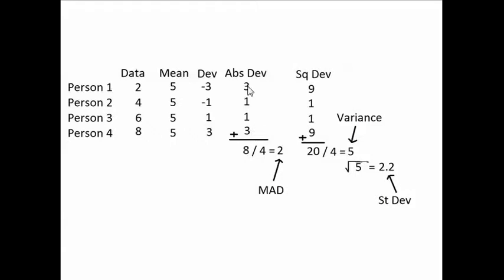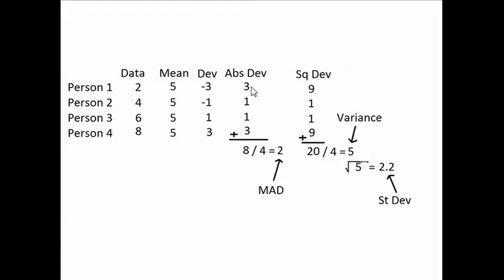When these two absolute deviations went from 2 and 2 to 3 and 3, it caused the MAD to increase because the MAD is just the mean, or the average, of the absolute deviations. Back when the absolute deviations were 2, 1, 1, 2, the absolute deviations added up to 6, and 6 divided by 4 was 1.5.